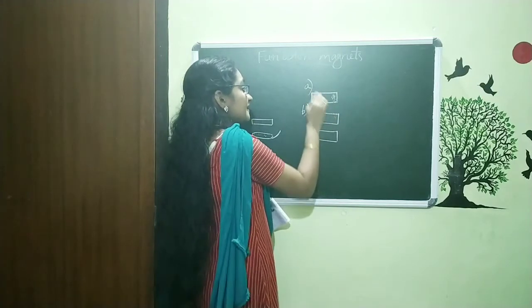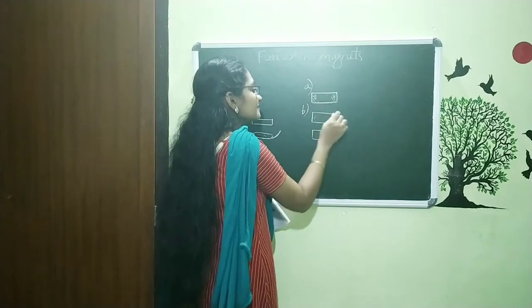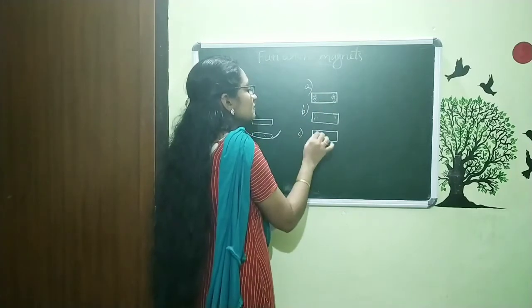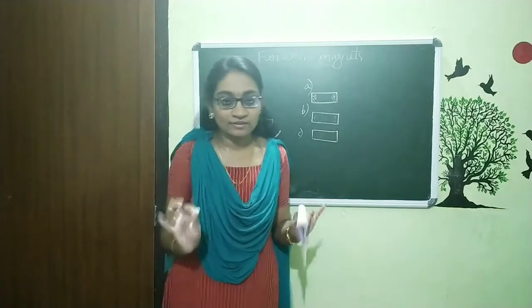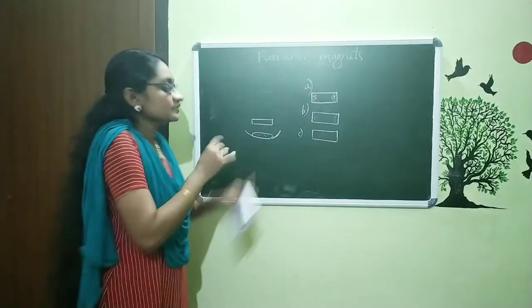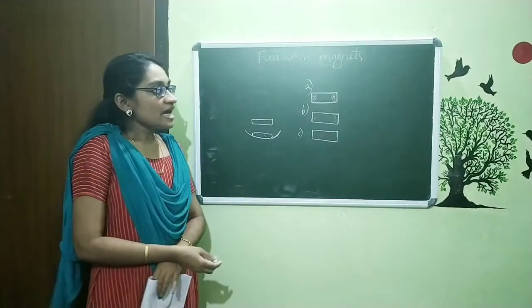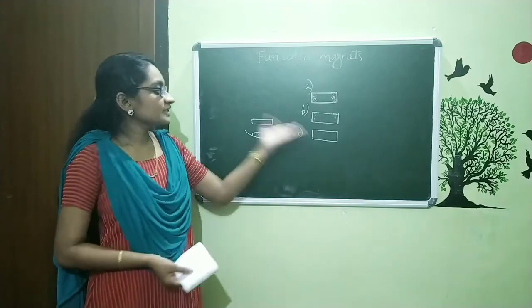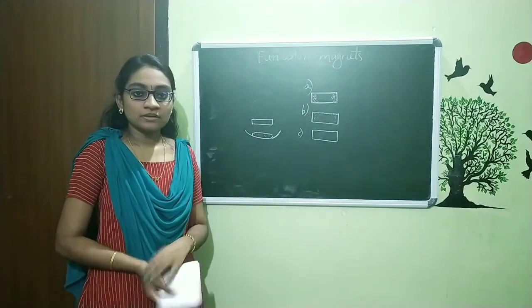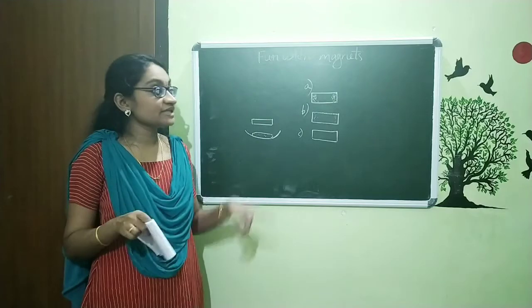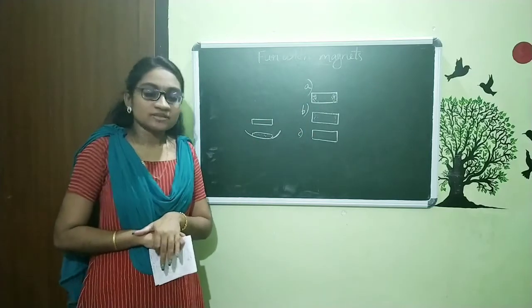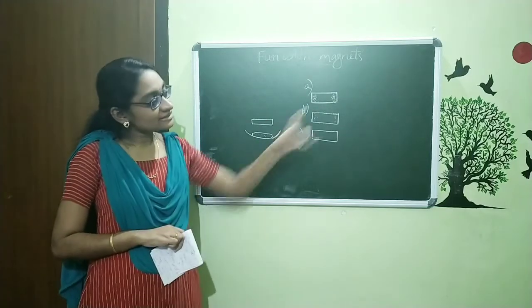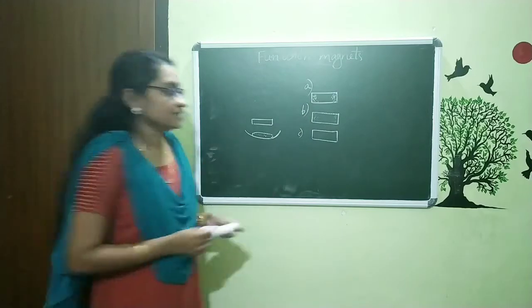Here many particles are there, here some particles are there, and in C, no particles are stuck on the magnet. We did all this with different types of soil. So what do we get from the soil? Some sort of thing is getting attracted to the magnet, and this is actually iron filings.